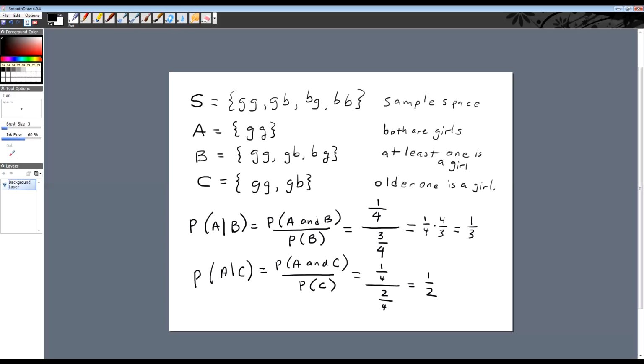So the probability that both are girls, given that the older child is a girl, is 1 over 2.